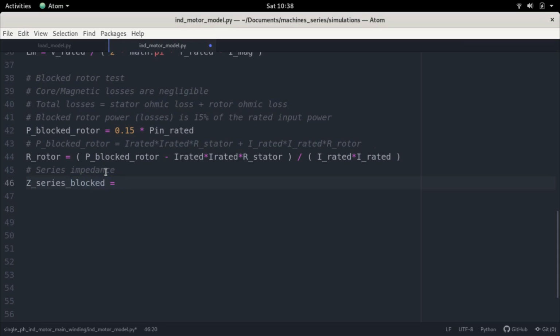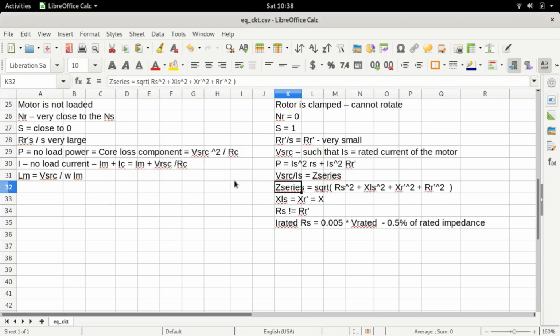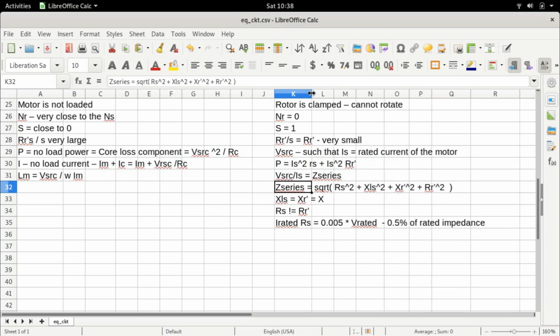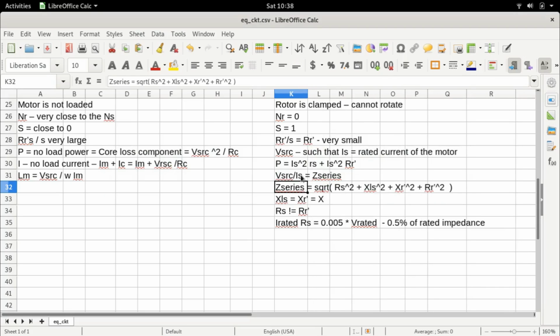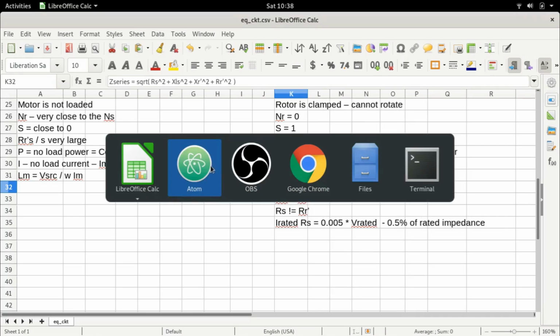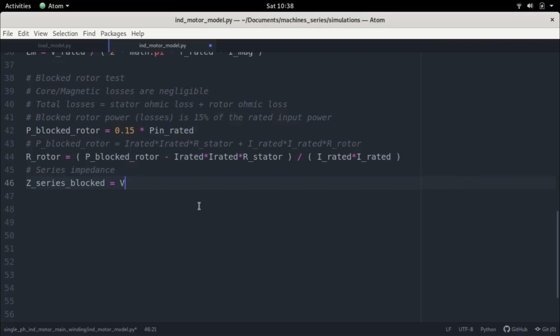And this Z series, quite obviously, is equal to the rated voltage divided by the rated current. This IS is the stator current, which in block rotor test is equal to the rated current. So this means it is V rated divided by I rated. And these have already been calculated. This is a specification, this is a calculation already done before.